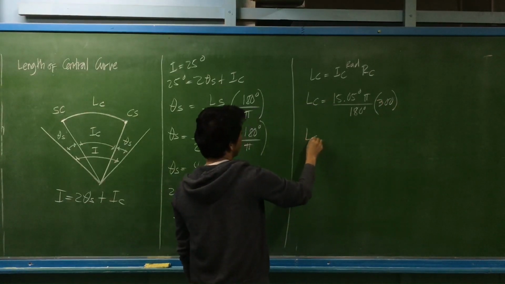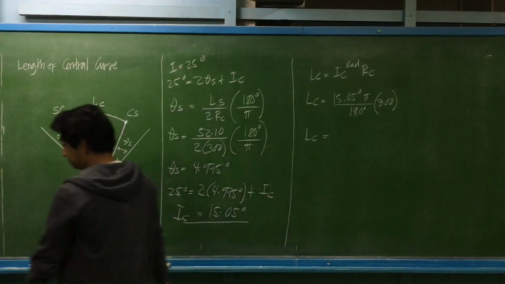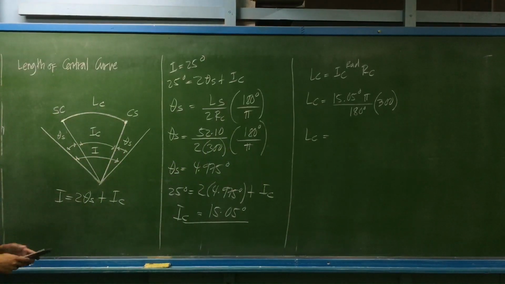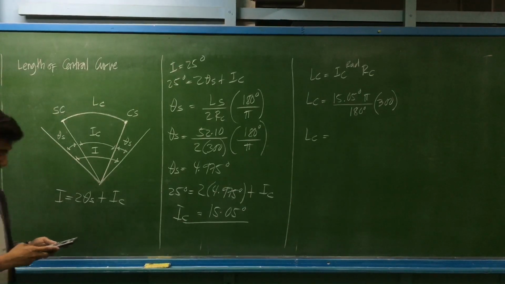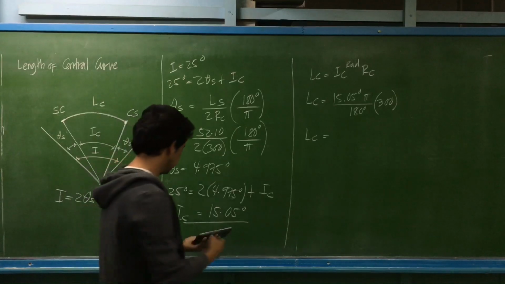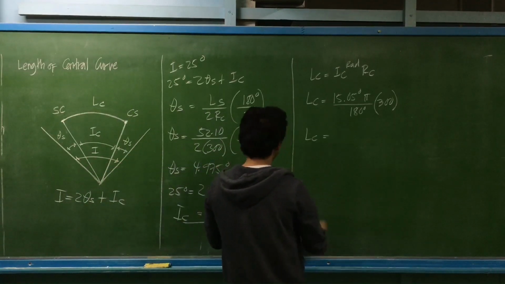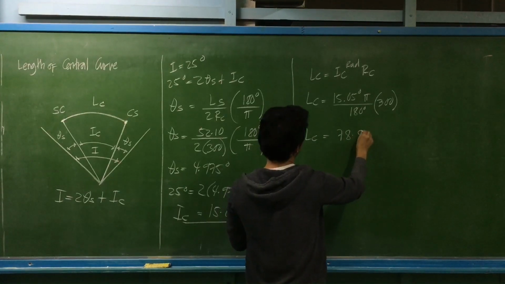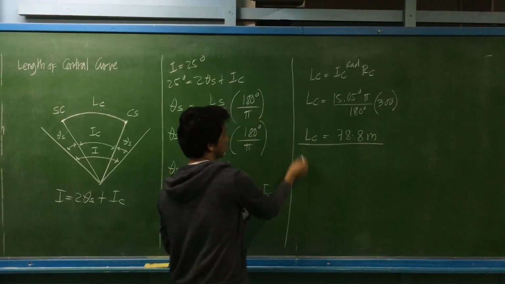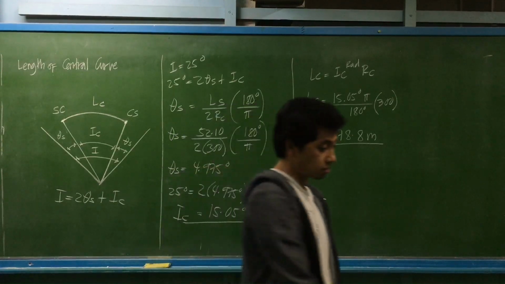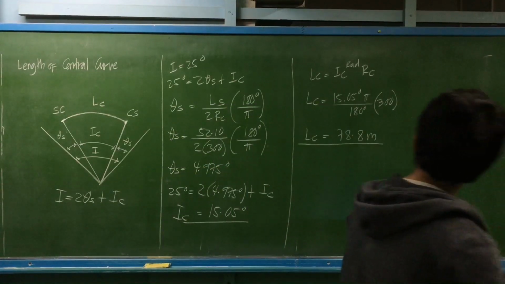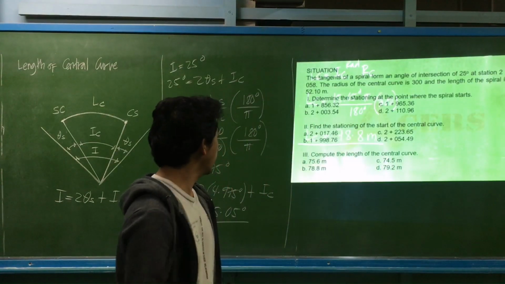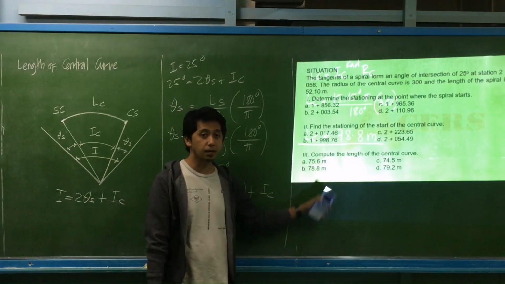So this is the length of the central curve. Okay, so the length of the central curve is equal to 78.8 meters. If we have to check the choices, 78.8, so that will be letter B.